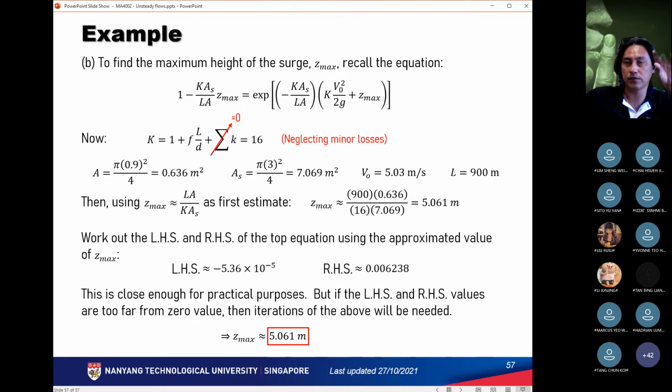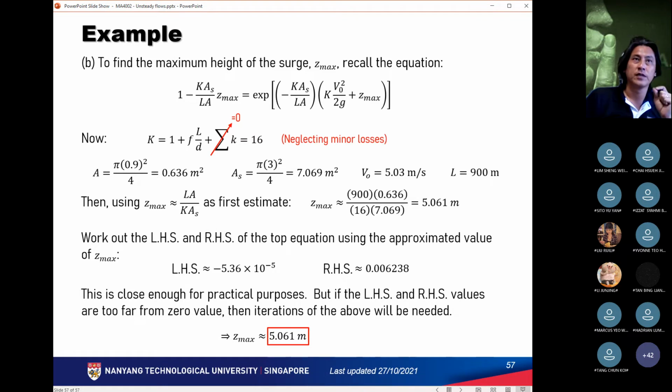As you try out different Z values, you can see the trends, the movements in the values of the left-hand side and the right-hand side, and then adjust the trial values for Zmax gradually. Once the difference becomes small enough, that will be your so-called final Zmax.